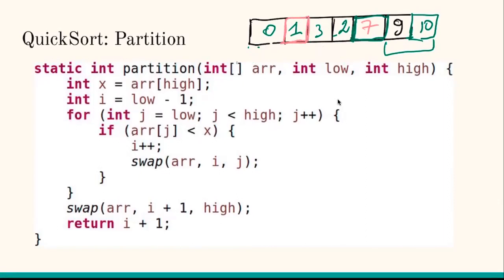Okay? And next, you will consider this part of the array, and this part, okay? And it was doing the same thing in the other part when you have recursive calls, okay? And then when you will consider the array size 1, it will not do anything. But for this part of the array of size 2, it will swap 3 and 2 because we consider 2 as the pivot, right?